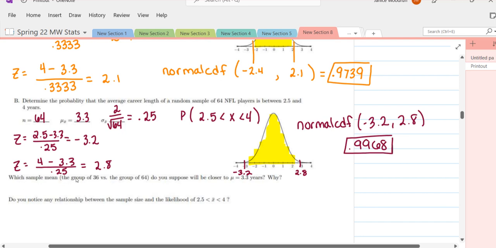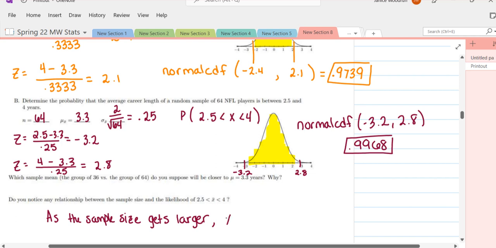Okay, which sample mean do you suppose will be closer to the actual mean? Okay, we found that. The relationship, the sample size. We notice that as the sample size gets larger, your percentage is going to be closer to that 3.3.